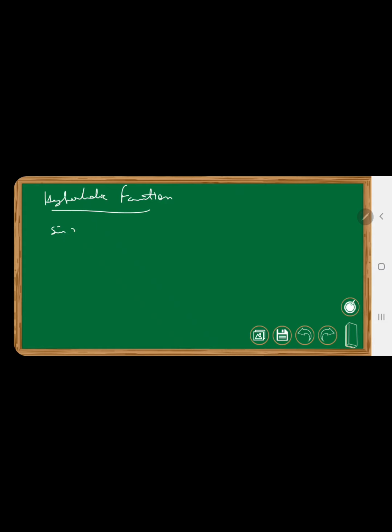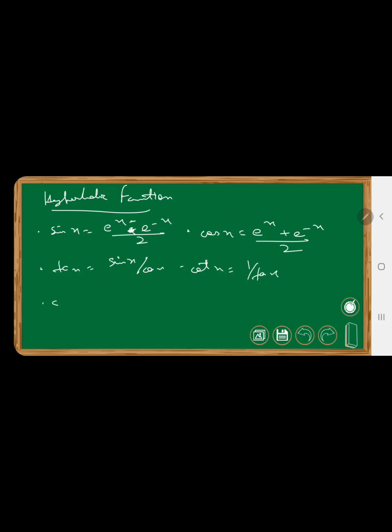That is, sinh x is given as e to the power x minus e to the power minus x over 2. cosh x is equal to e to the power x plus e to the power minus x over 2. tanh x is equal to sinh x over cosh x. coth x is equal to 1 over tanh x. sech x is equal to 1 over cosh x, and cosech x is equal to 1 over sinh x.